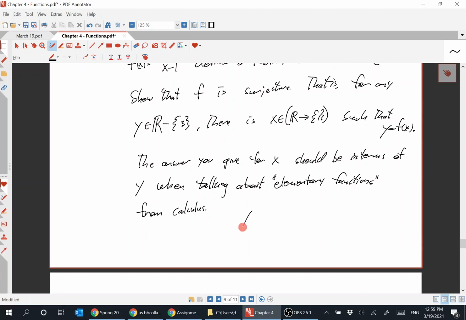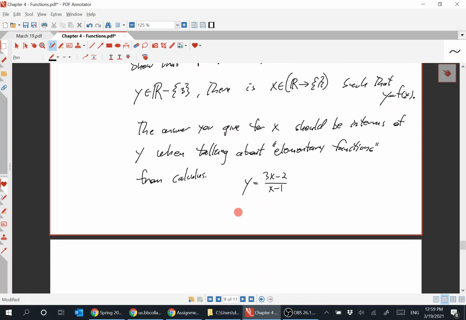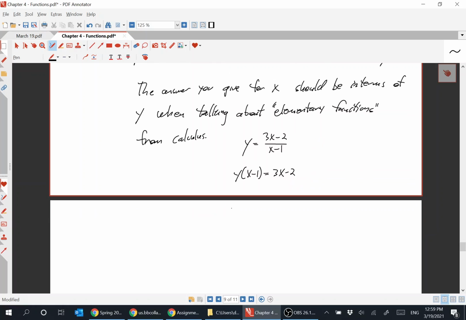All right, you just let y equal that expression there and solve for y. So y times x minus 1 is equal to 3x minus 2. So we got xy minus y is equal to 3x minus 2. Move all the x terms to one side and all the non-x terms to the other side.